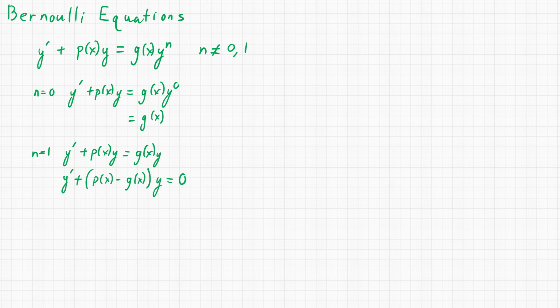And the super secret trick is we're going to use a u substitution. u is equal to y to the 1 minus n power. And so let's just see what happens when we do that and what pops out. If we take the derivative on both sides, we end up with u prime equals, using the chain rule, it's going to drop down a power of 1 minus n.